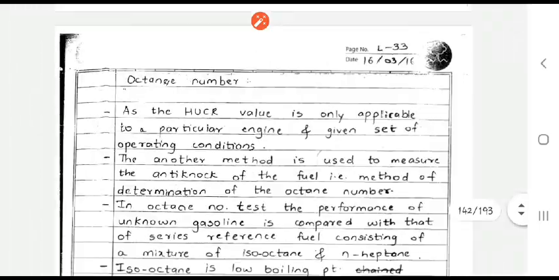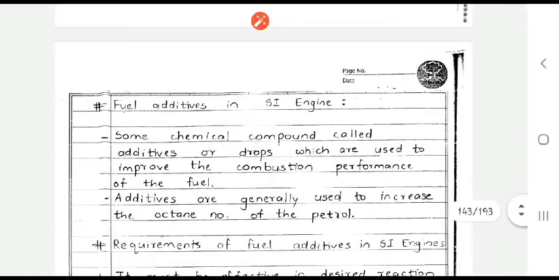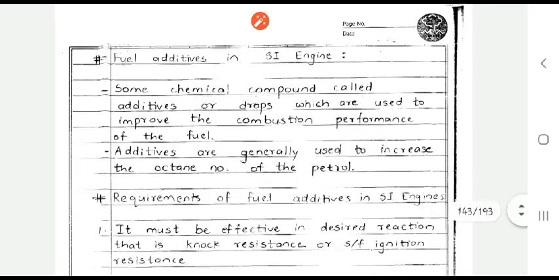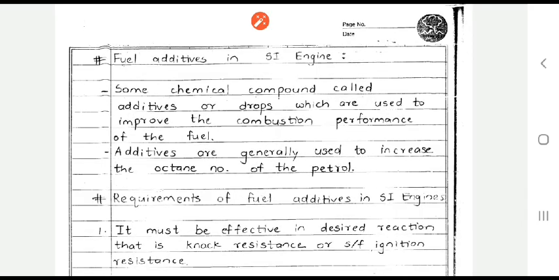Now we are going to understand the different fuel additives in the case of SI engines. What is the meaning of additives? Many times at petrol pumps, the salesman may ask us, do you want any kind of additives? Those 10 rupee pouches.